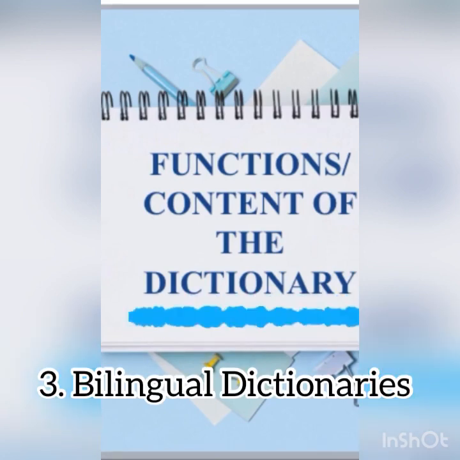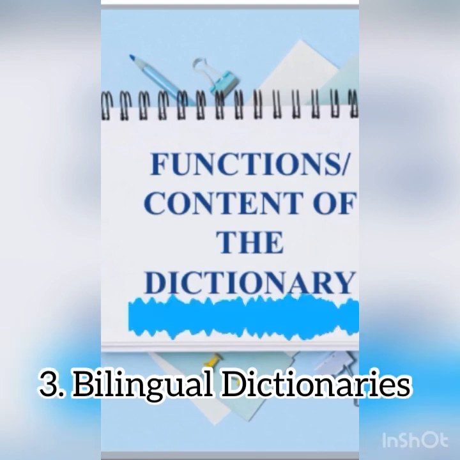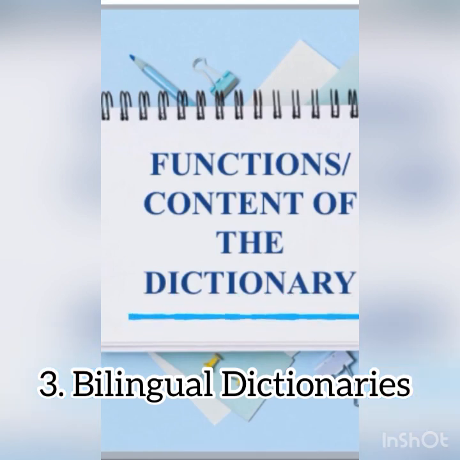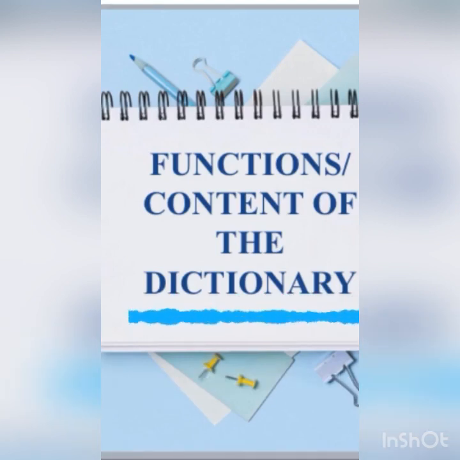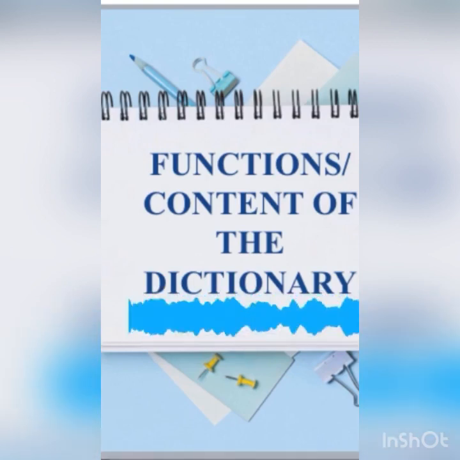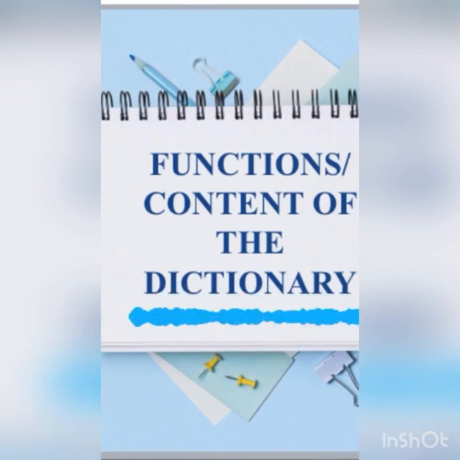The third type of dictionary is the bilingual dictionary. This is referred to as translation dictionaries. So as the name goes, the dictionaries are written in two languages, right? Whereas a monolingual dictionary has a tendency to promote fluency in spoken language, the bilingual dictionary tends to provide single word translation equivalents.